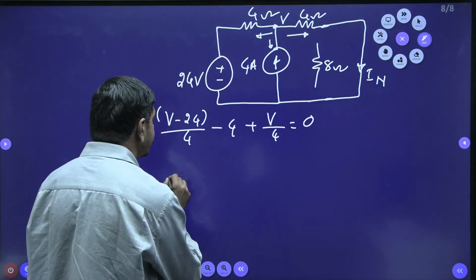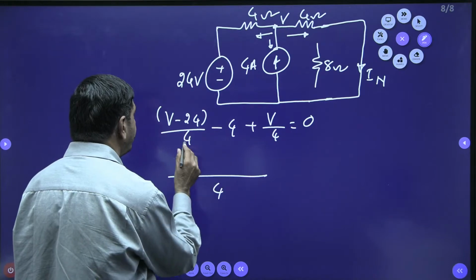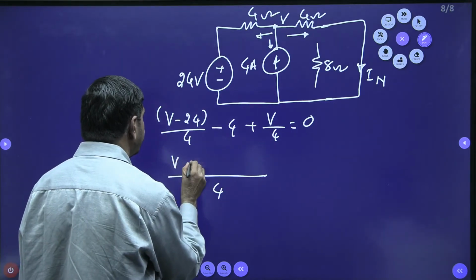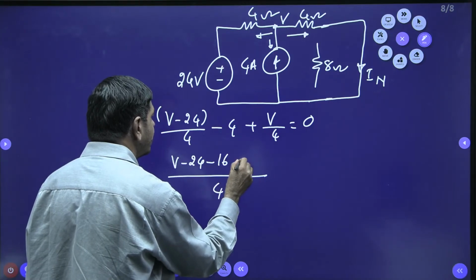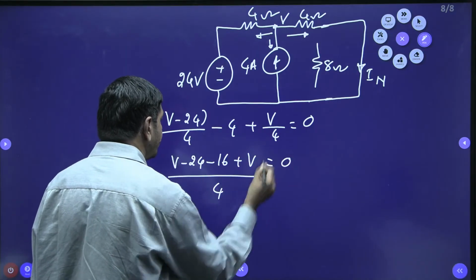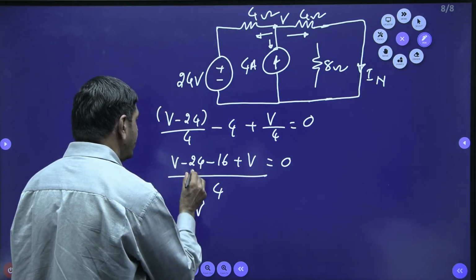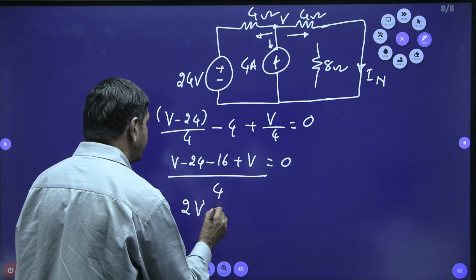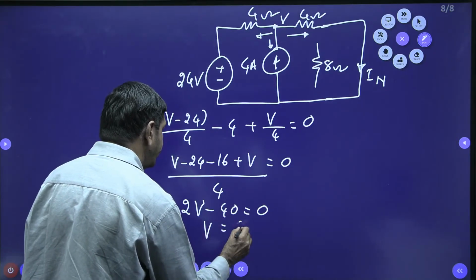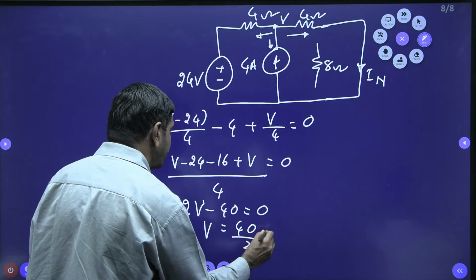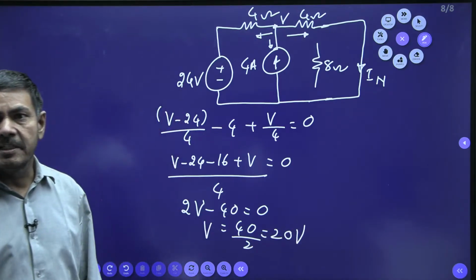The 4 is the LCM here, so I can put (V minus 24) plus 16 plus V equals 0. Finally, V plus V, 2V, minus 40 equals 0. And what is V here? 40 by 2 is 20 volts. The V is nothing but 20 volts.